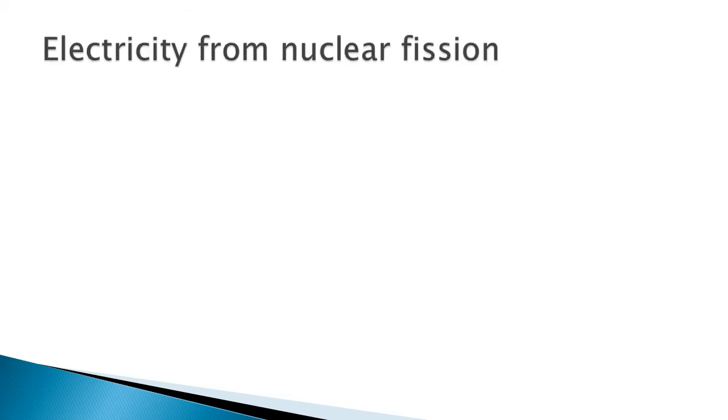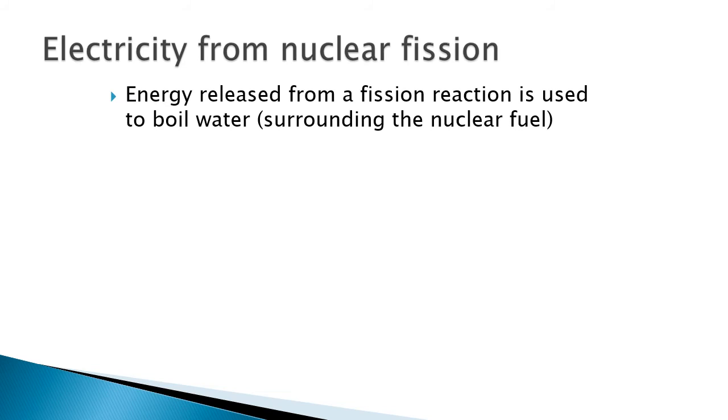So now we've been talking about these reactions, and the big key is that they release massive amounts of energy. And the important part is, how do we get electricity and how do we control these reactions? Well, the energy released from a nuclear fission reaction is used to boil water that surrounds that nuclear fuel.